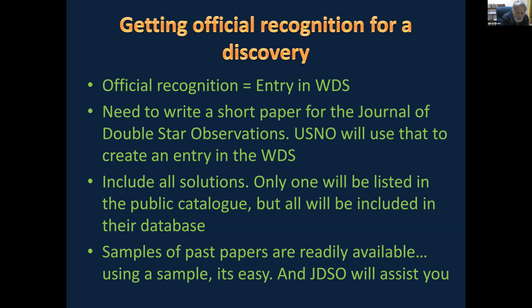When we've got those multiple solutions, the one thing we do know for certain is it is a double star. What we don't know for certain is the exact parameters. We might have 1, 2, or 4 solutions.